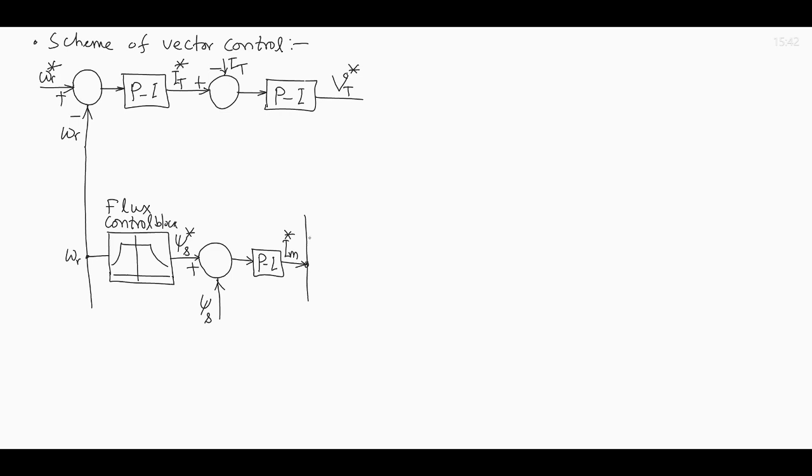So, then IM star minus IM, IM is the present magnetizing current. How is the magnetizing current generated? The magnetizing current is taken as IF into cos delta.